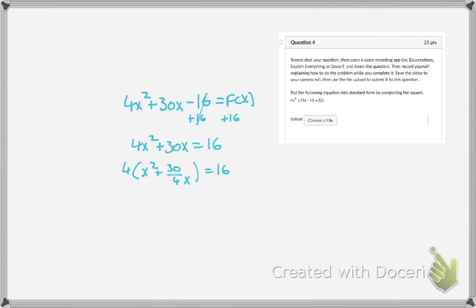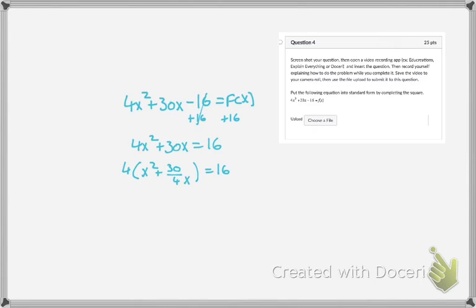Okay, so we can simplify this fraction here. Whatever we do to one side, we have to do to the other side.